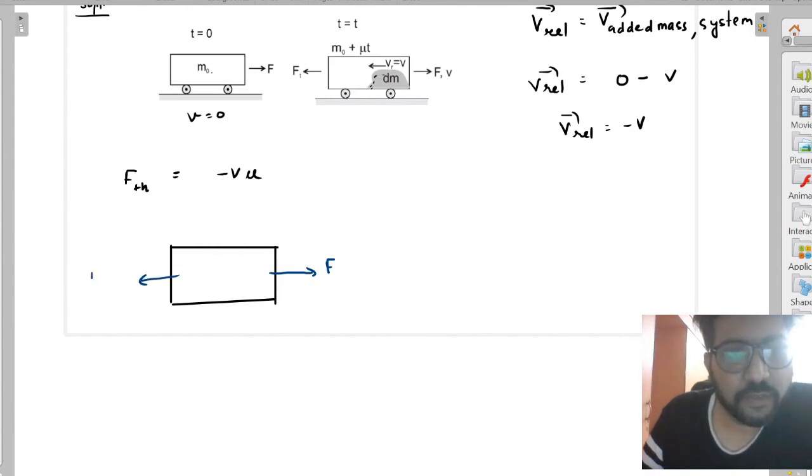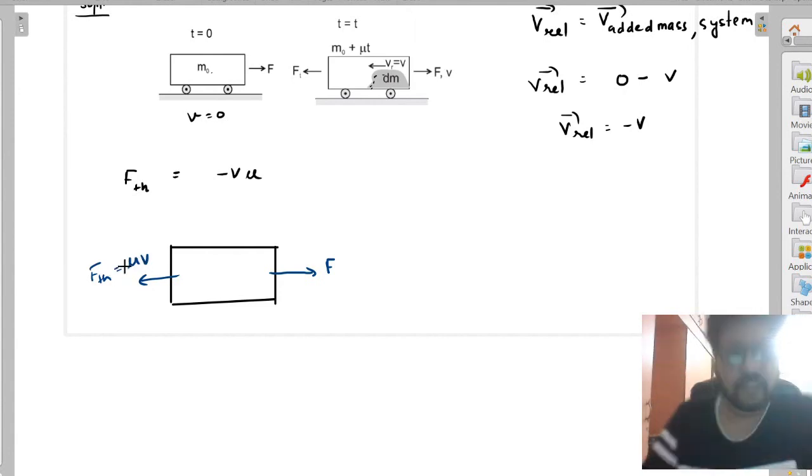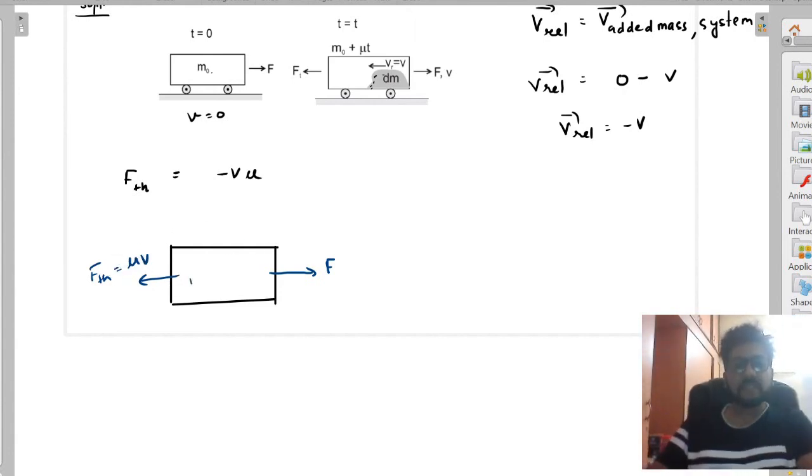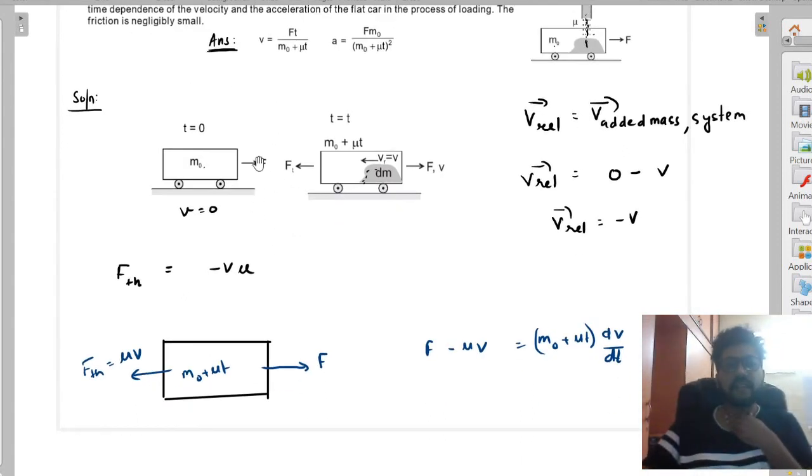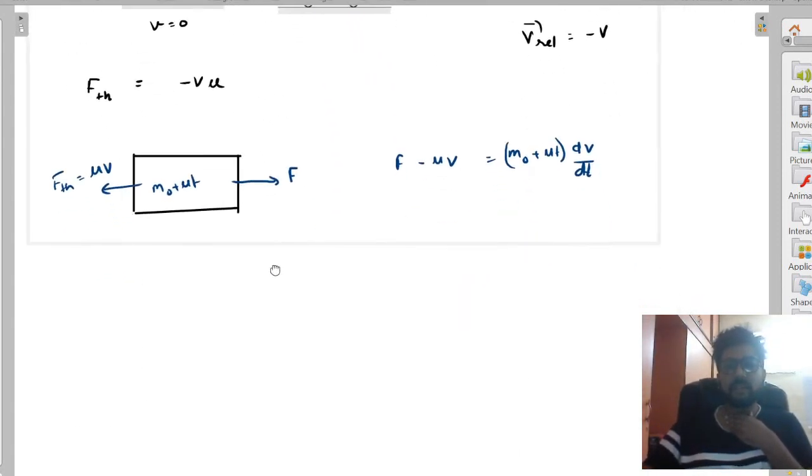So the thrust force is in this direction, and the value of the thrust force is mu v, and the mass of this at any instant is m naught plus mu t. So you will write the net equation as F minus mu v is equal to m naught plus mu t into dv by dt. Now what they have asked us is to find the time dependence of velocity and the acceleration of the flat car in the loading process.